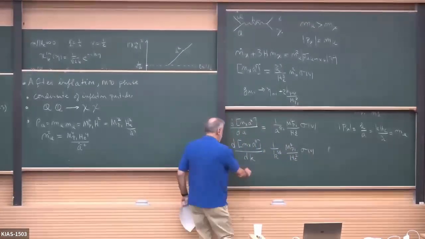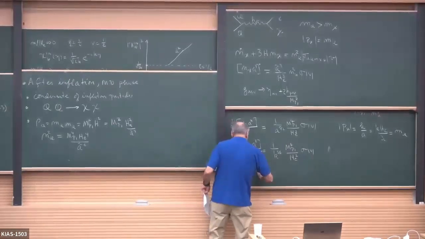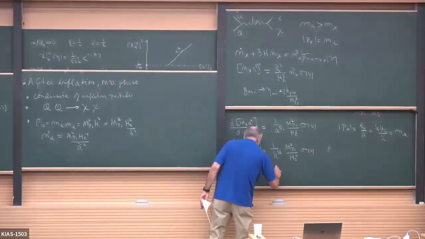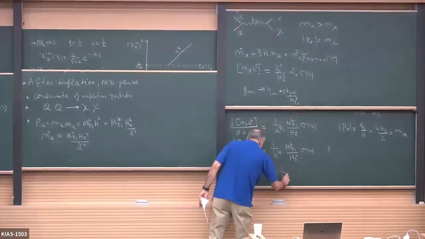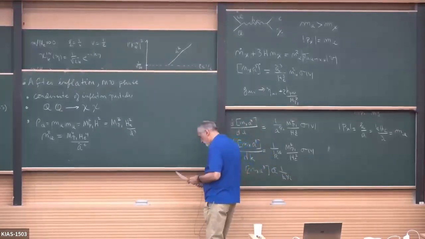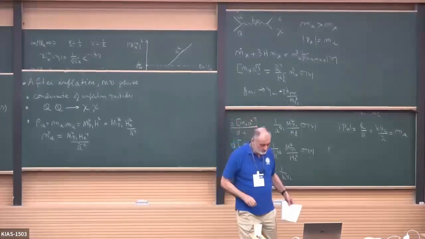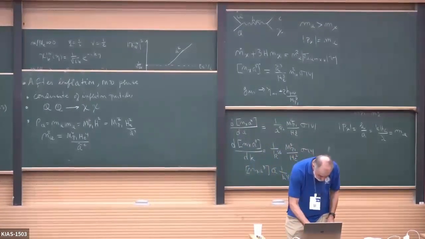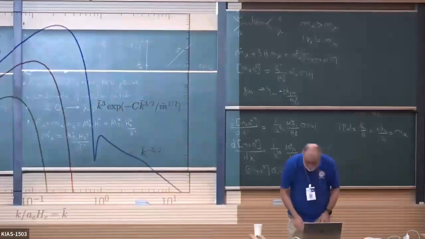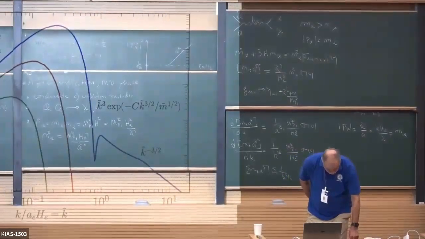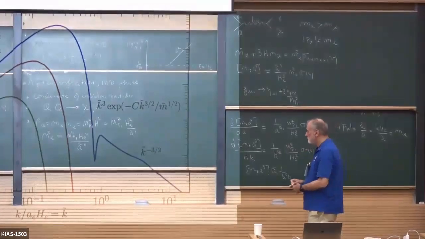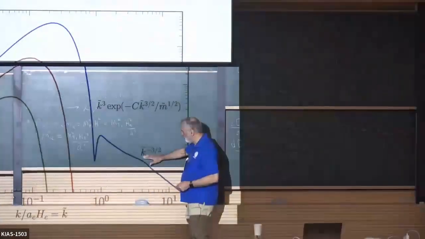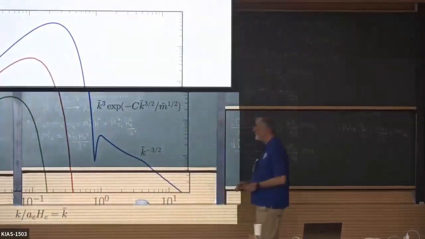So you see here that n chi a cubed will be proportional to 1 over k to the 3/2. And surprisingly enough, this is proportional to k to the minus 3/2.